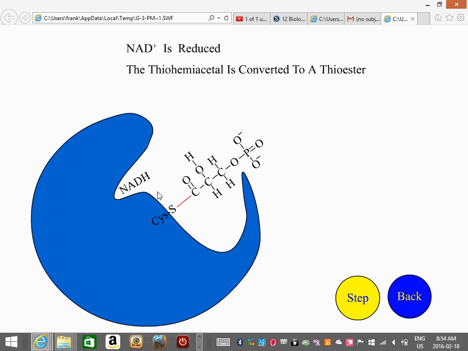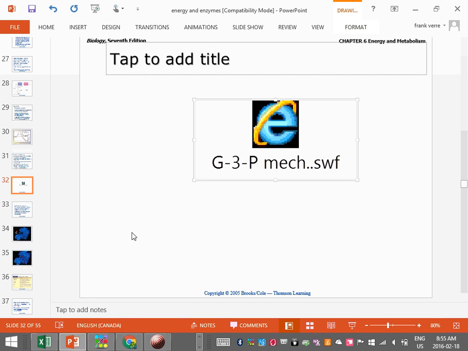If this molecule over here is being reduced, what's going on with this molecule? Yeah, exactly. Remember, if one thing is undergoing something, then the other thing must be undergoing the opposite, right? We'll look at this one in more detail when we get to glycolysis. Okay? So we're going to come back to this molecule.